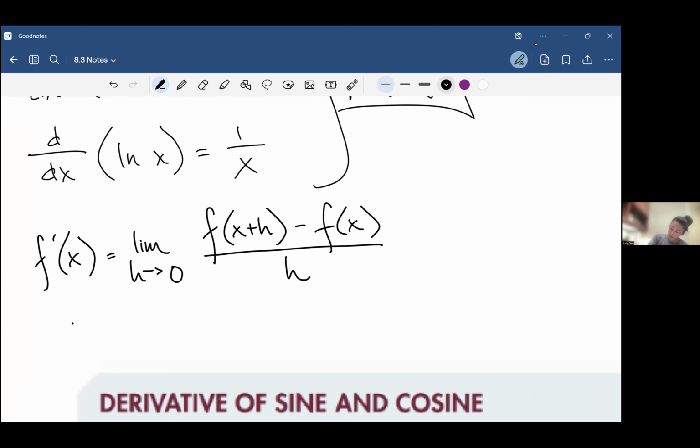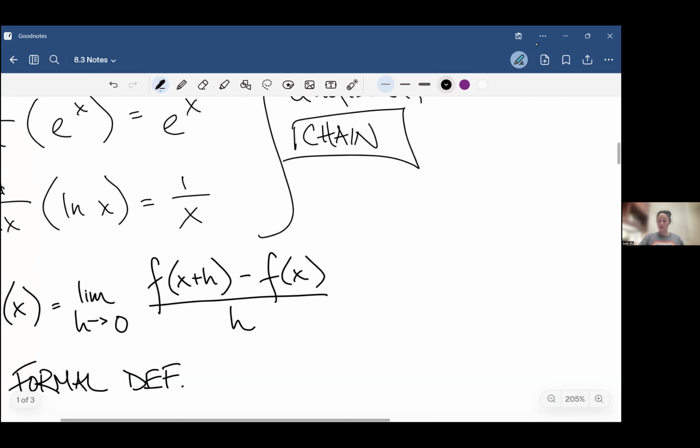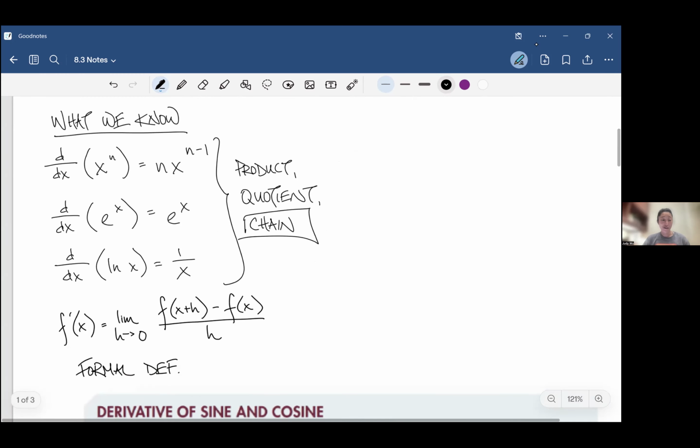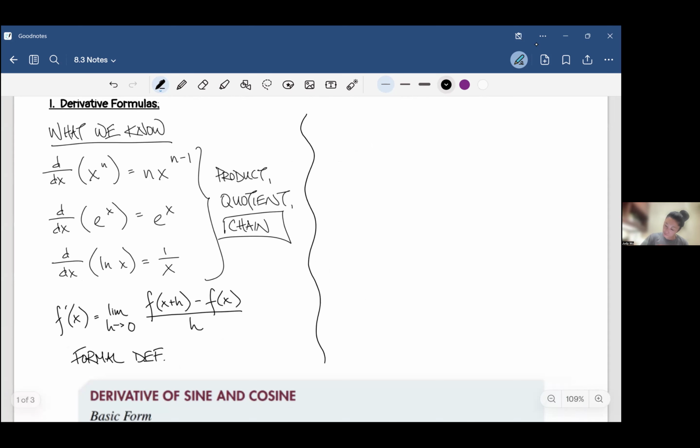So this was our formal definition of the derivative. Now don't worry, we are actually not going to be doing that, but I want us to think through a process. So this is what we know and what's new.